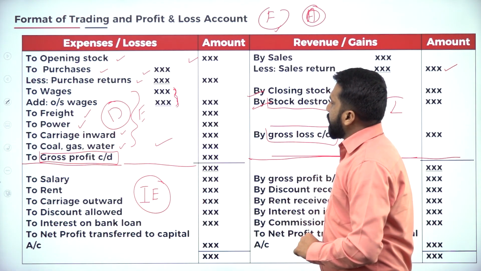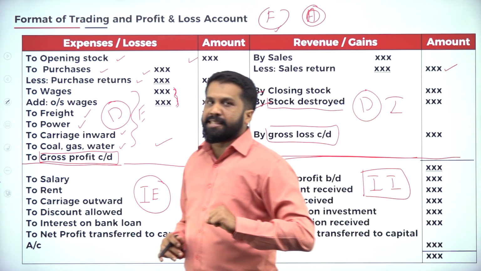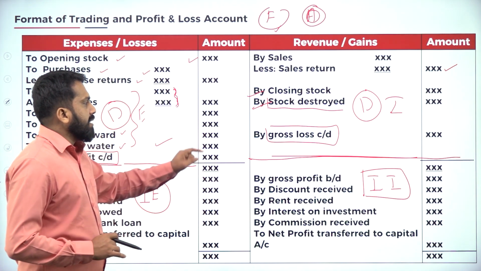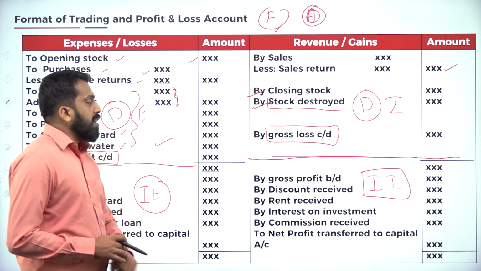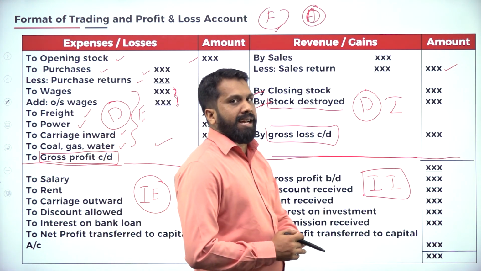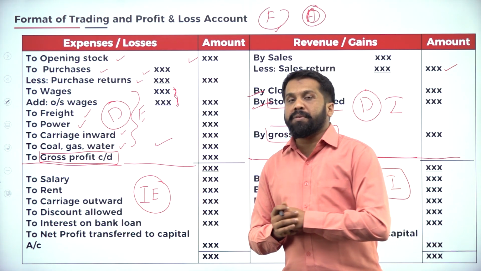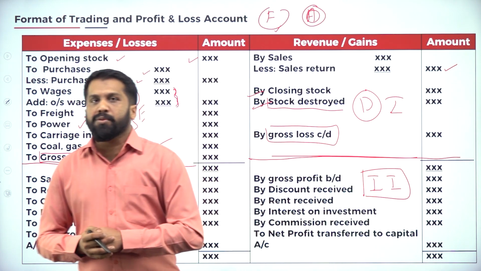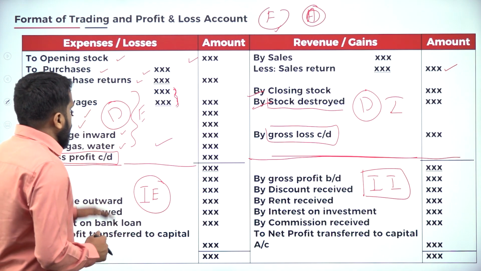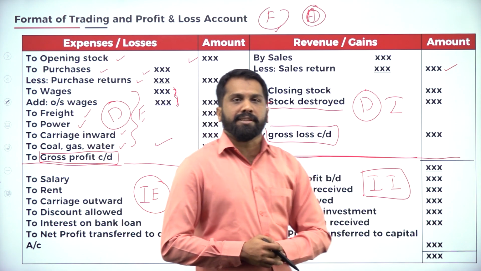Now, if your income is more and expenditure is less, then we call it gross profit. If your income is less and expenditure is more, we call it gross loss. Either you may get gross profit or else you may get gross loss. Out of these two, any one you may get. Any doubt? No.